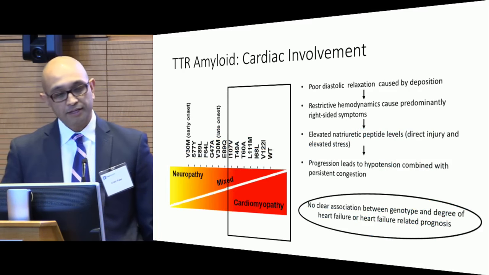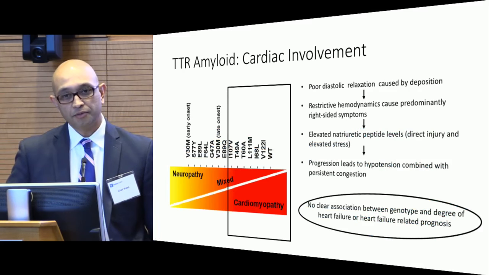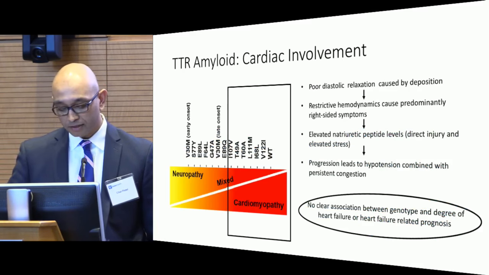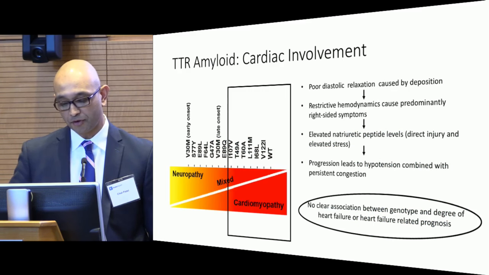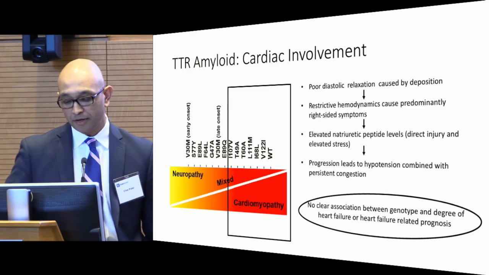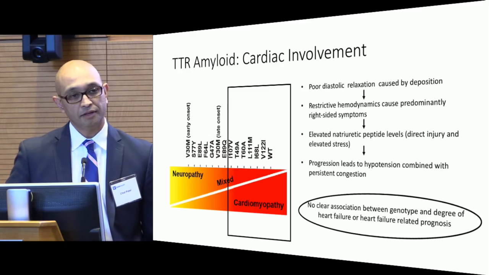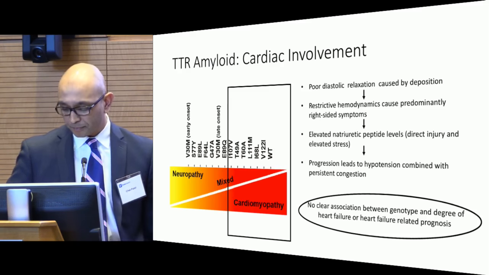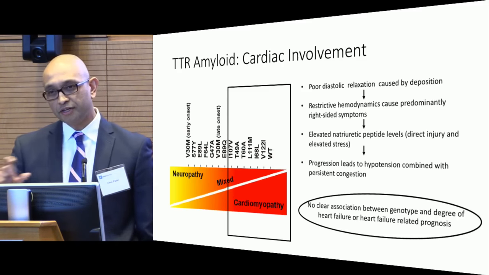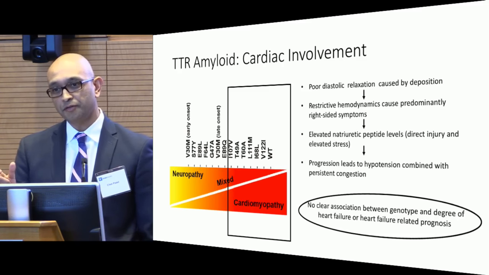So there is a spread in terms of the degree to which these mutated forms deposit within the nervous system or in the cardiac tissue, but a good proportion of these mutated forms do lead to a cardiomyopathy. And as was mentioned, they really lead to a restrictive cardiomyopathy.